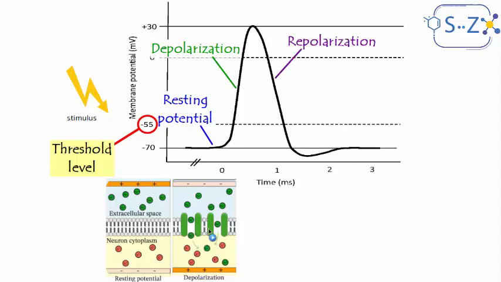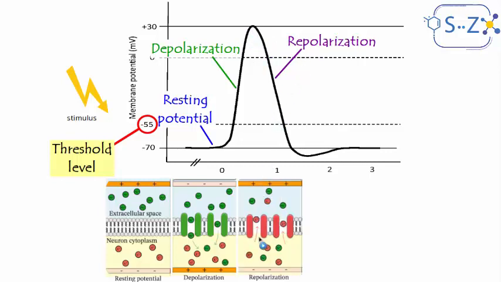After that, repolarization starts, where the potential difference has to return to its original state. This happens when the K plus channels open and K plus ions start to flow outside of the neuron, so they return the charge outside to positive and the inside to negative.